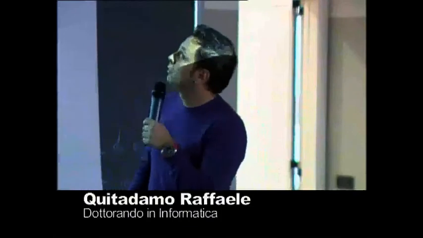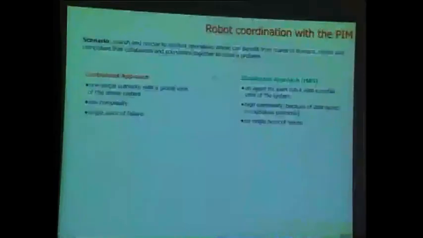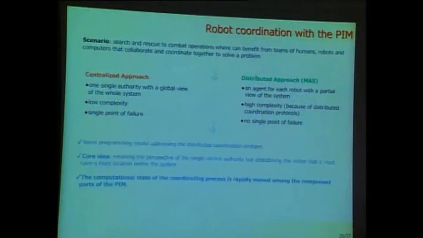The other approach is the distributed, or multi-agent system, approach, which means that each robot is run by a separate agent, and all the agents coordinate through some negotiation protocol or some shared tuple space mechanism. For this reason, we have high complexity from the programming point of view due to these distributed coordination protocols, but we don't have the single point of failure anymore. Our approach tries to balance both.